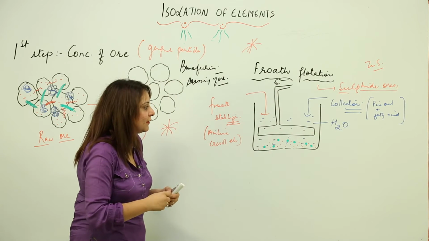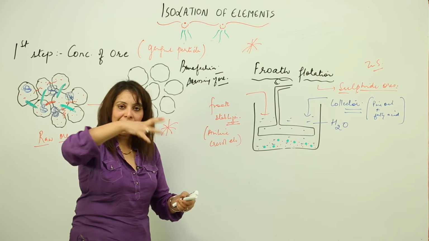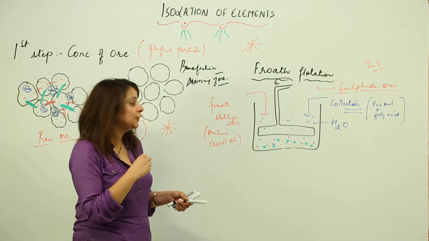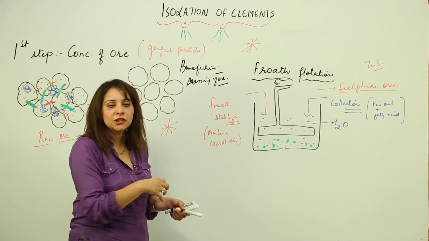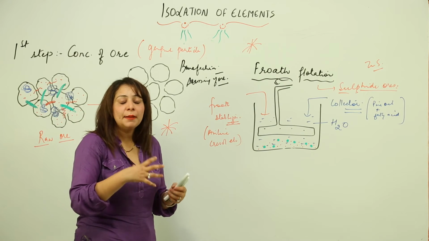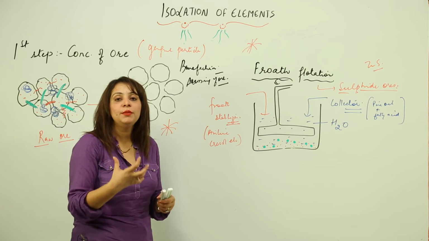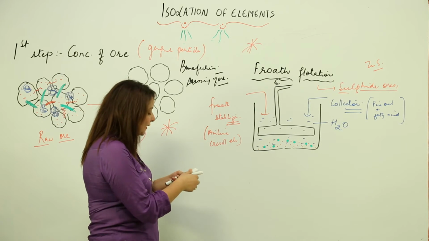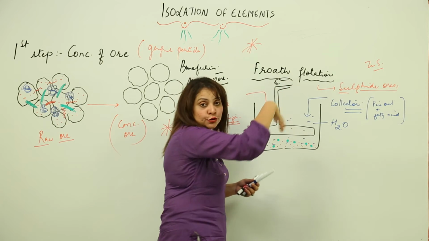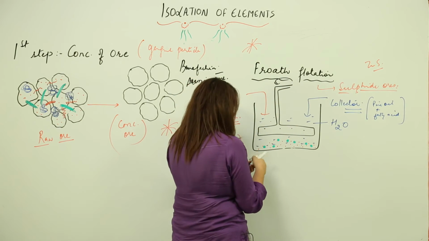So now what we have is, we have water, we have a rotating paddle containing a compressor, we have a powdered ore indicated by red and green one, we added a collector to enhance the wettability, we added a froth stabilizer so that we can have more froth. So what happens when the air is blown, and likewise due to agitation of the paddle, the froth just appears.